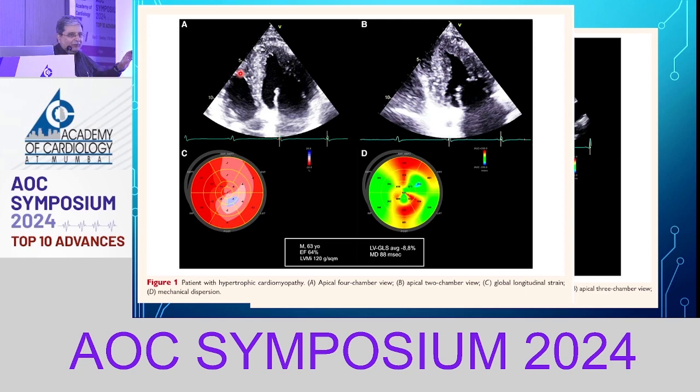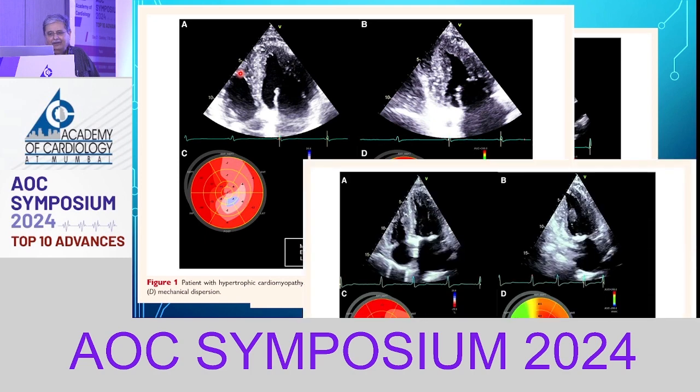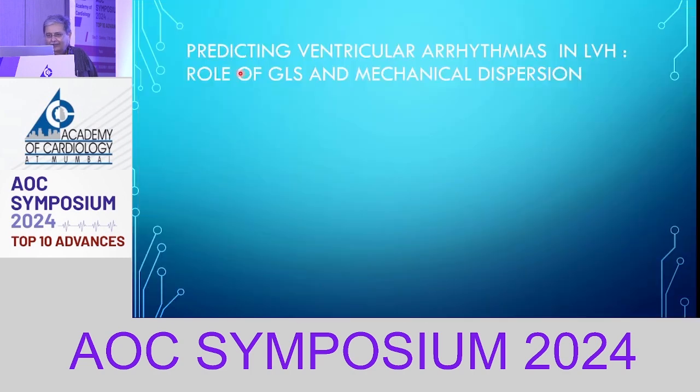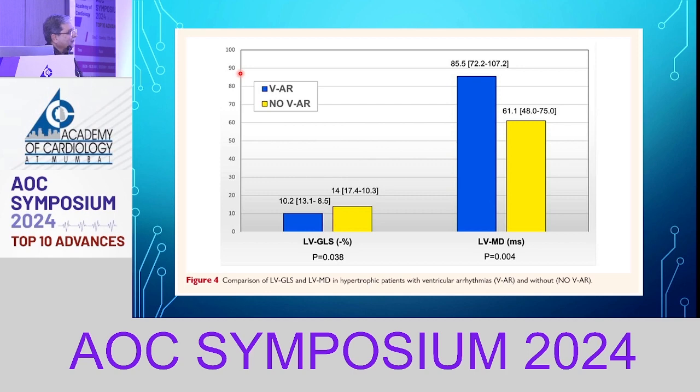That means some segments are contracting early, some are contracting late. When such people are encountered in any condition, you have a higher risk of ventricular arrhythmias. So in a given case of LVH, if you do mechanical dispersion, which is automatically given when you are doing speckle tracking on good machines, the incidence of ventricular arrhythmias and sudden cardiac death is much higher. So this is another modality which comes in.